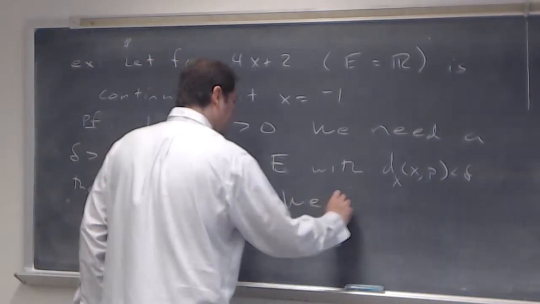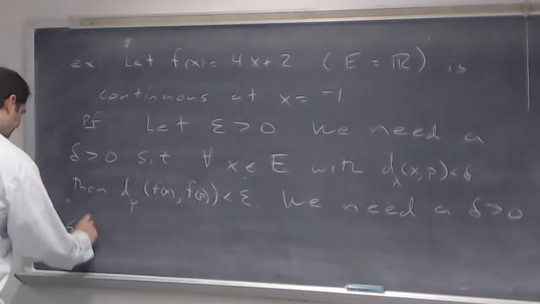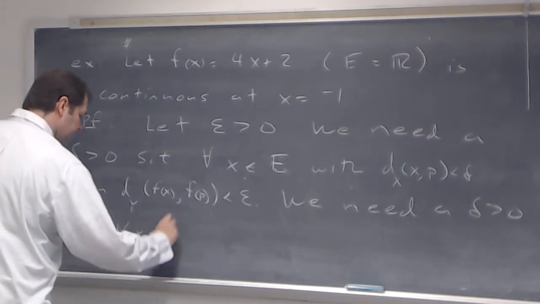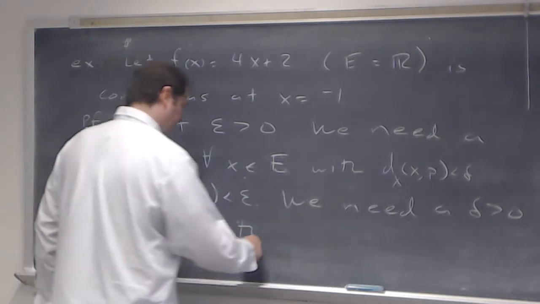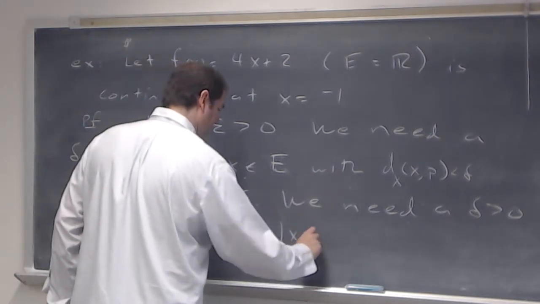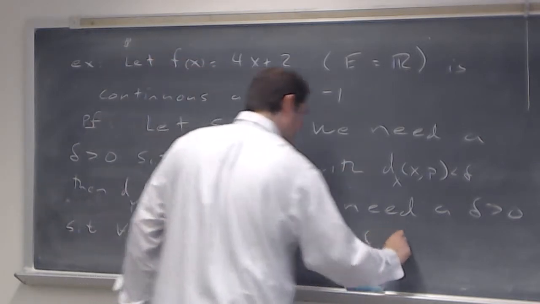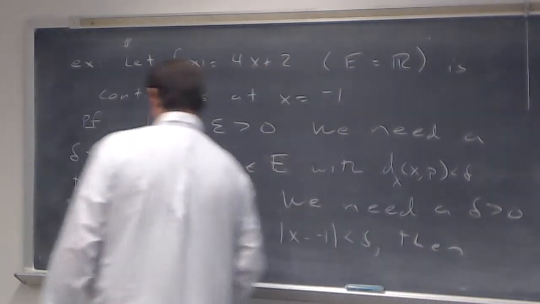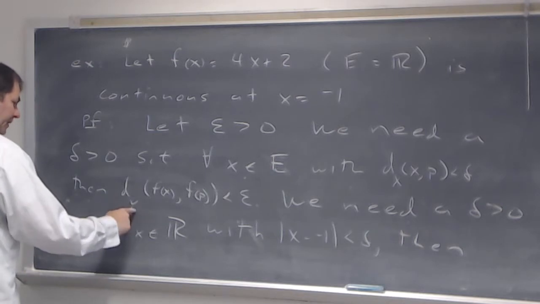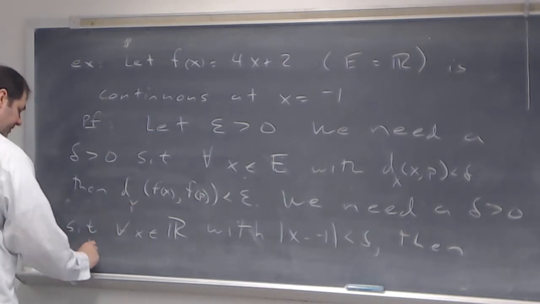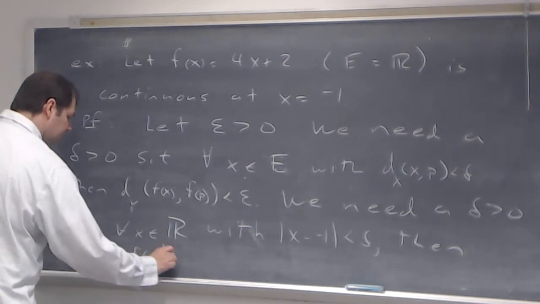So that is, we need a delta greater than 0 such that for all x in R, with the usual metric in the real number system, the absolute value of x minus p, where p is minus 1, is less than delta, then we'd like this to happen, with Y being R and the usual metric: the absolute value of f of x minus f of minus 1 is less than epsilon.